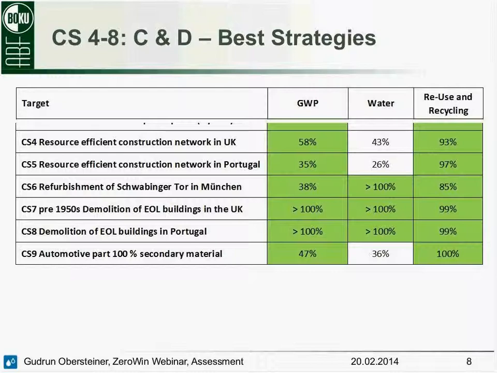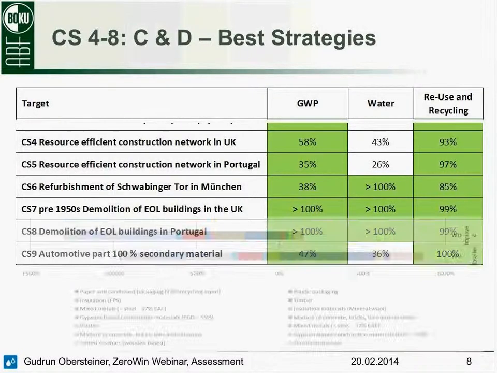It also turned out that metals have the highest environmental burdens, and that, for example, aluminium recycling can show very high impacts. Also, another very important point was the transport efficiency. Volume reduction on site, for example, has high impacts to reduce the global warming potential for the construction case studies.